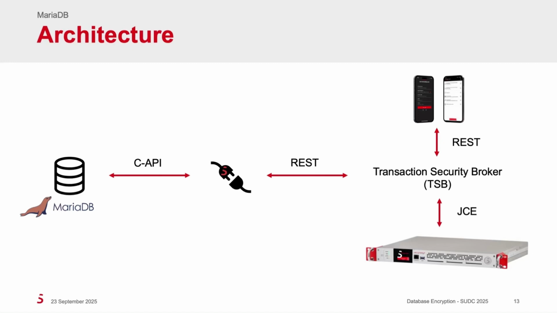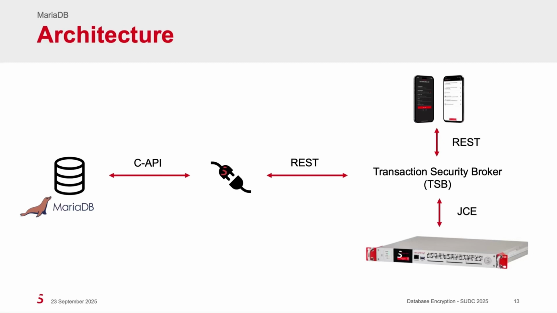So in the architecture of this, we have MariaDB on a server somewhere on this side, and here we have a Primus HSM. And the new part is this plugin in the middle. The job of the plugin is to translate between MariaDB and the HSM. Towards MariaDB, the plugin communicates via a C API, an encryption plugin API that MariaDB defines.